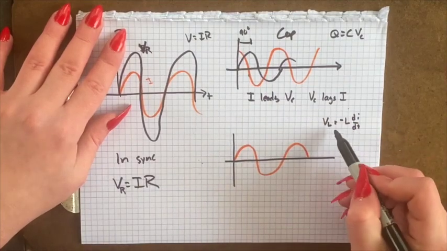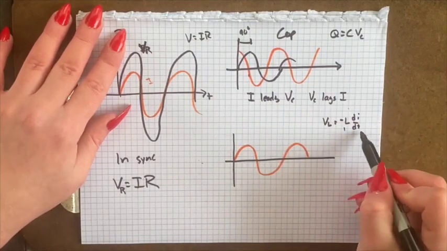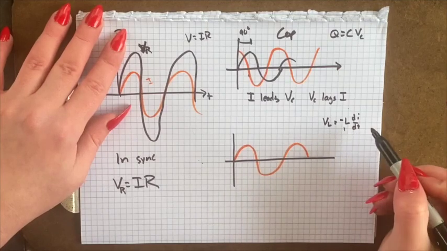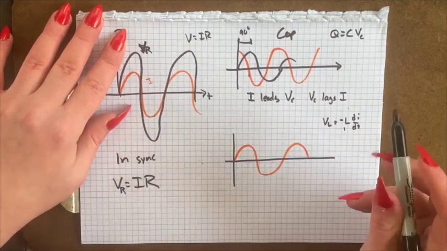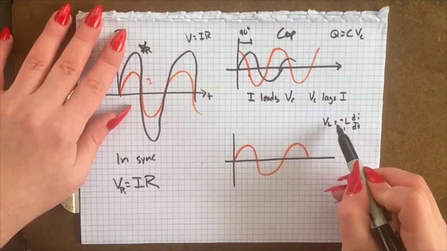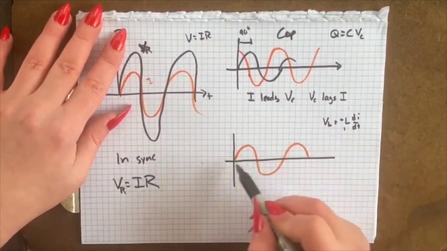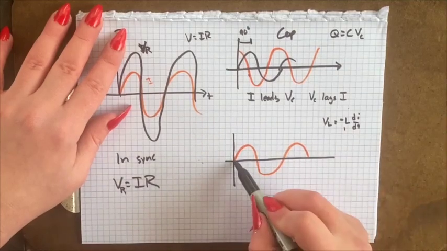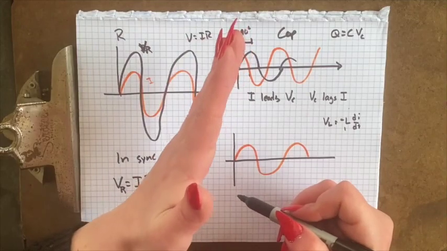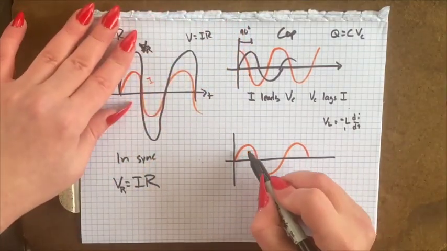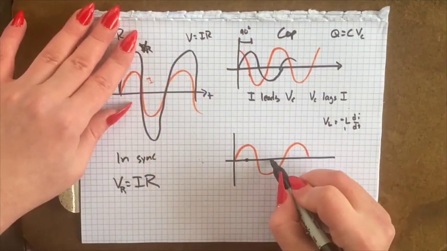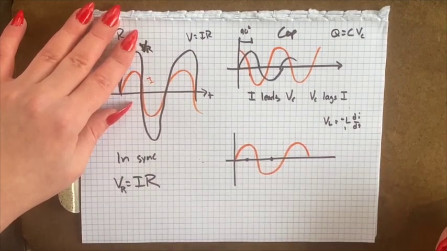And we say negative because that's Lenz's law. This is all Faraday's law stuff, talking about the rate of change of the current going through the inductor. But it's going to fight back, and back means negative sign. So let's think about that. The derivative of these currents, here the derivative is kind of high, right? Because it's at its steepest. Here the derivative is 0, so maybe it'd be better to think about these two zeros here.